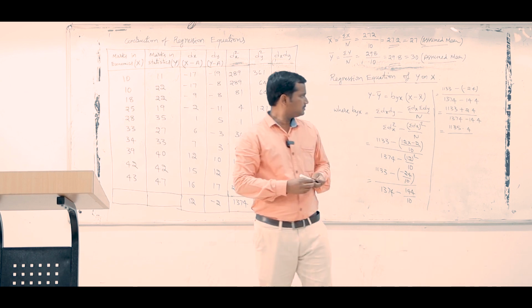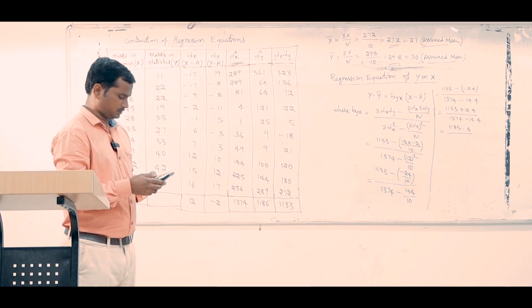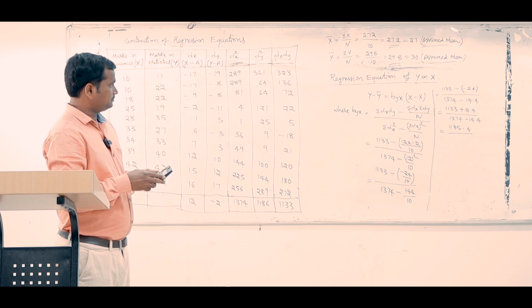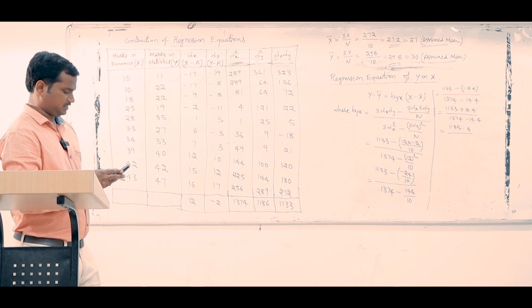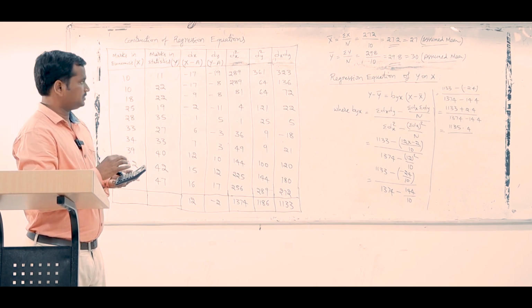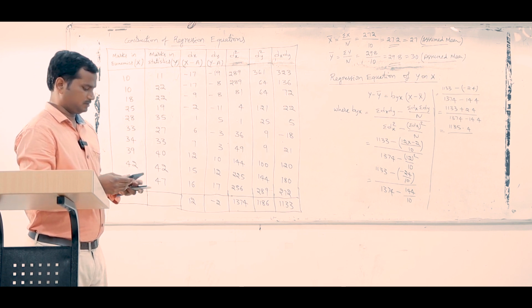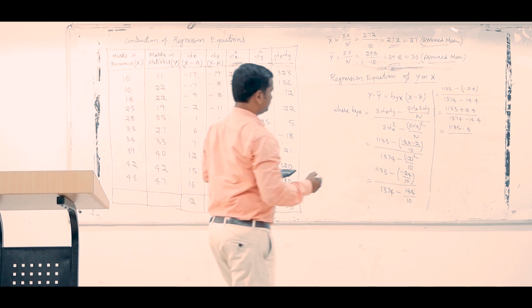Divided by, so 14.4 we should deduct from 1374, that is equal to 1359.6.